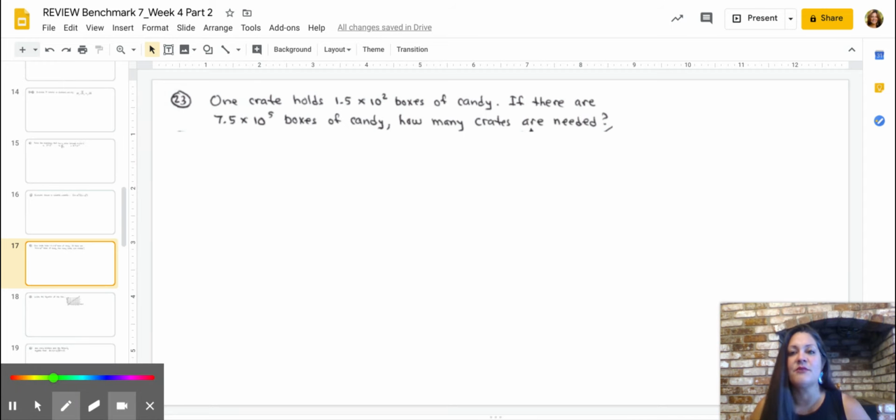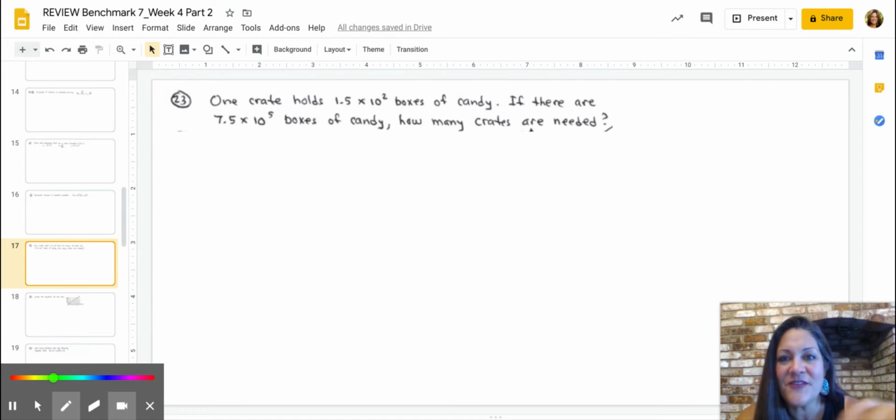Okay, number 23. One crate holds 1.5 times 10 to the second boxes of candy. If there are 7.5 times 10 to the 5th boxes of candy, how many crates are needed? So what I want to first say is that's a lot of candy, right?